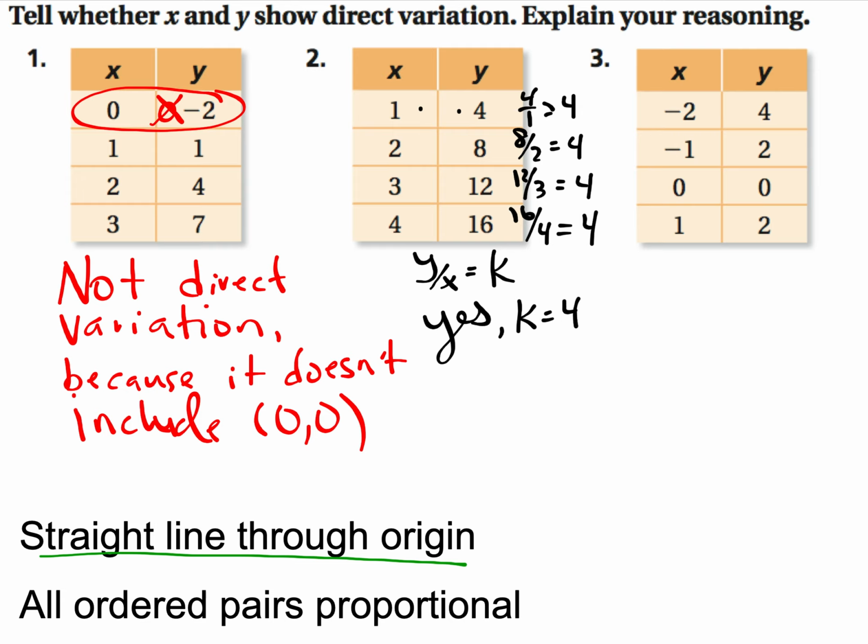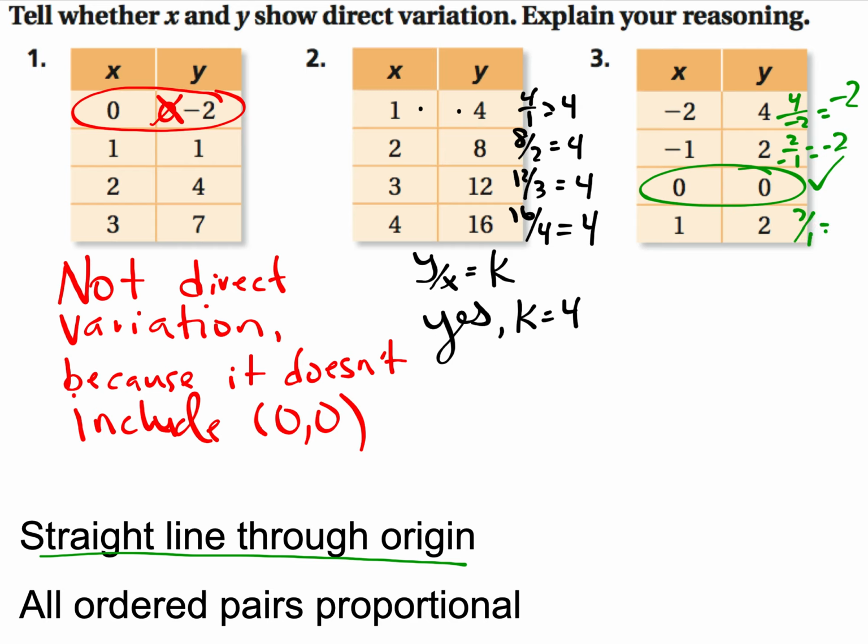All right, next one. We check to see if it's a straight line through the origin. One thing I noticed right off the bat, the origin is included. So that looks pretty good. That's actually not enough here. We need to double check and see if the rates are the same. If I try y over x on all of these ordered pairs, 4 over -2 is -2. 2 over -1 is -2.